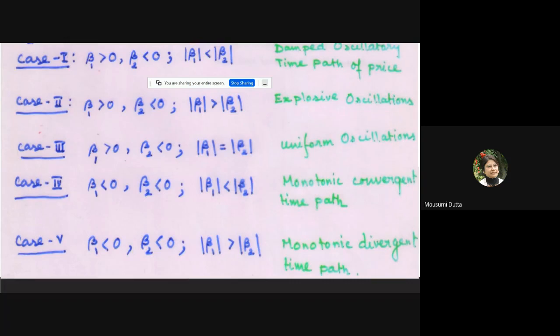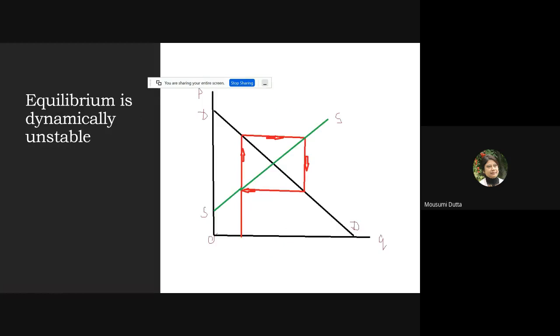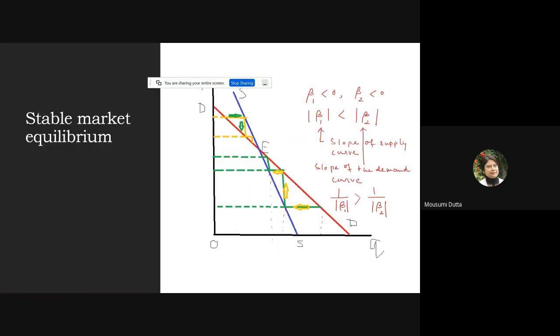So please do this on your own. Both the demand and supply curves will be negatively sloped. However, you should be very careful about the elasticity of the demand and supply, whether the demand curve will be steeper or whether the supply curve will be steeper. So everybody write this case 5: beta 1 less than 0, beta 2 less than 0, mod beta 1 greater than mod beta 2. Okay, so now you do this on your own.